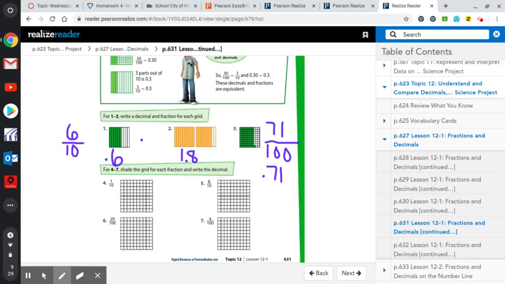Okay. So we are going to look at number 4. So we're going to pretend that this grid is in big strips of 10 instead of all the hundreds. So if I were to color in this entire row, that would represent 1/10, right? Number 8, I need to color in 29 out of the 100.